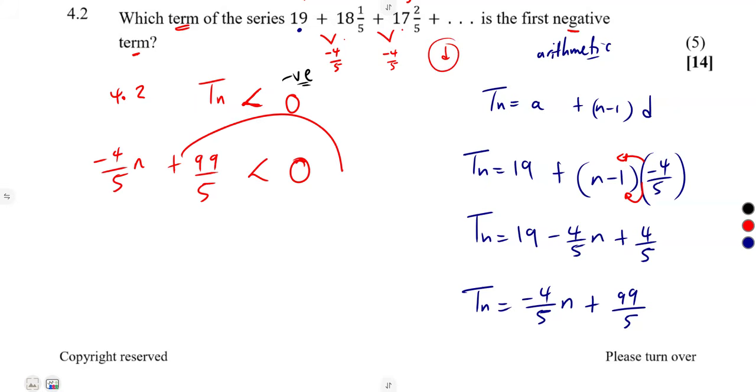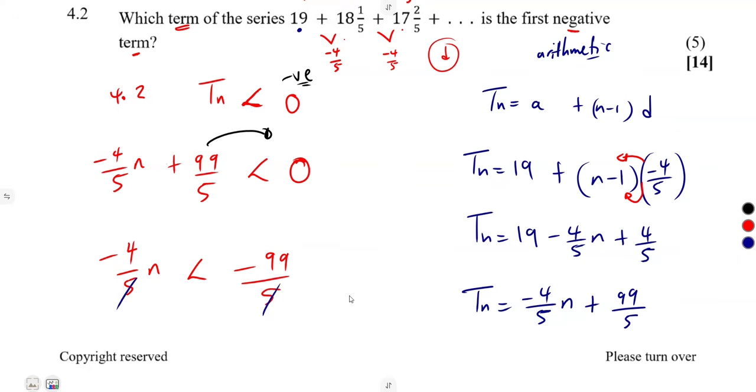We can take this to the other side. Negative 4 over 5 n is less than, taking the positive to the other side makes it a negative, so negative 99 over 5. Here, guys, the 5 in the denominator, this one and this one, can simply cancel. You have negative 4n less than negative 99.